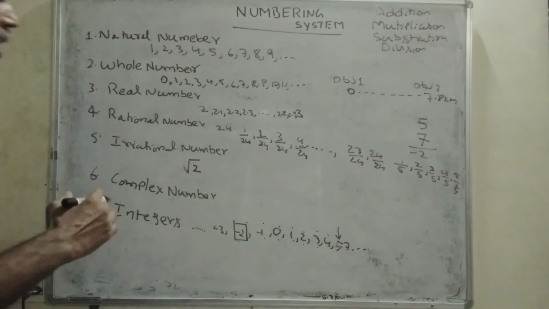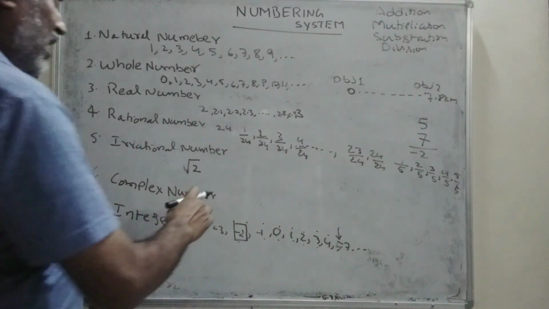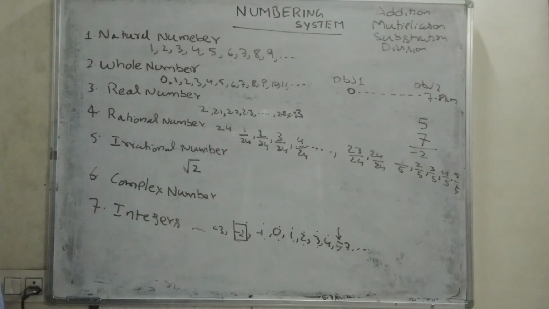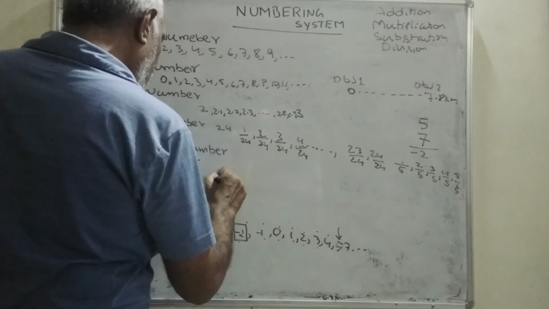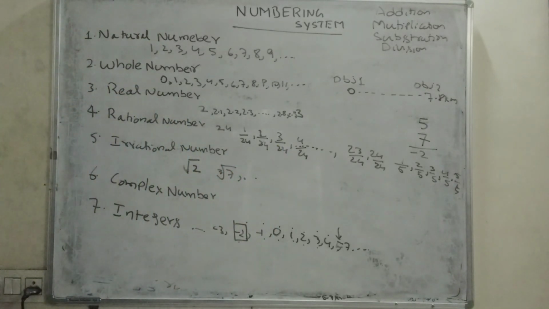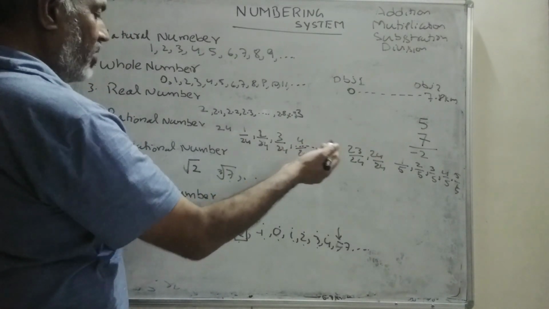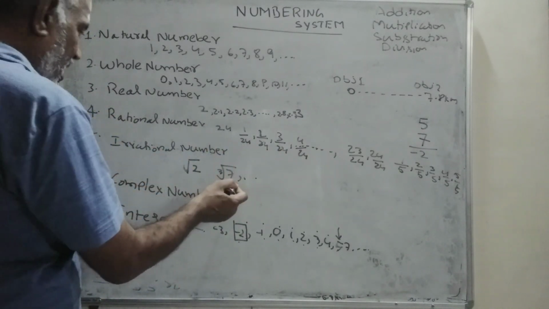This root 2 value cannot be expressed as a rational number. The answer will be a real number. So root 2, root 3, cube root of 7, things like that, these are irrational numbers.